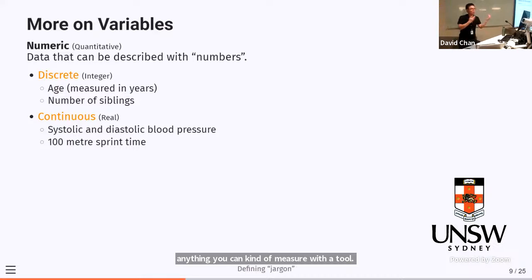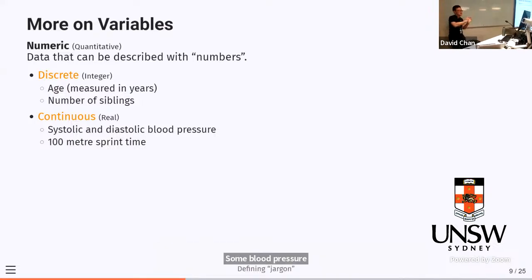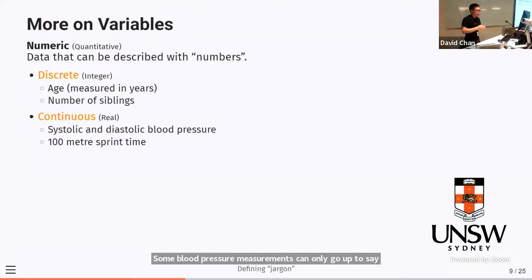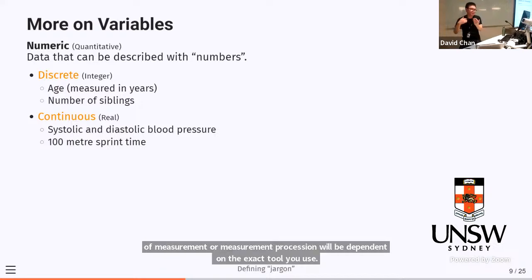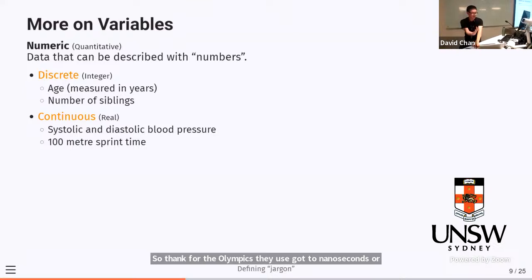Say, for example, blood pressure. Some blood pressure measurements can only go up to one or two decimal places. Some can go further. Or 100-meter sprint times. The scale of measurement will be dependent on the exact tool you use. For the Olympics, they go up to nanoseconds or even finer for the timing, but you get the idea. You can keep going if your measurement tool is great.